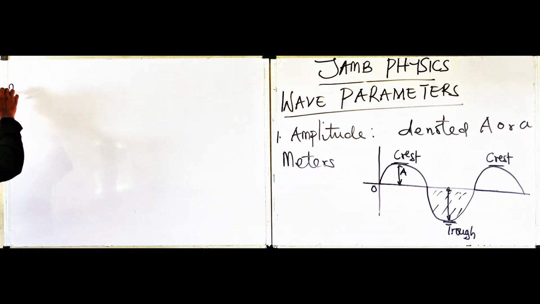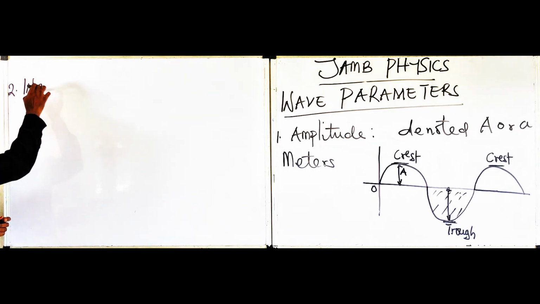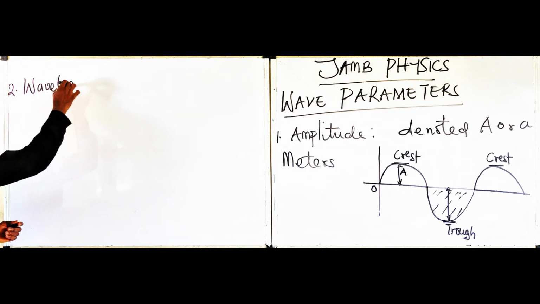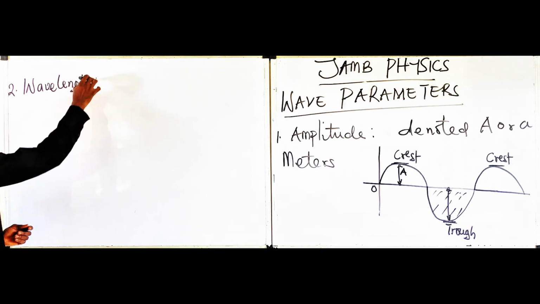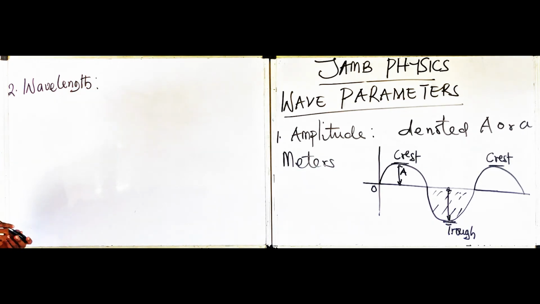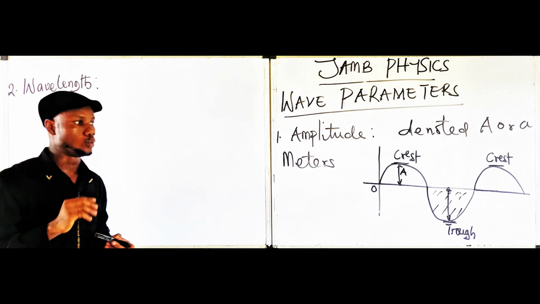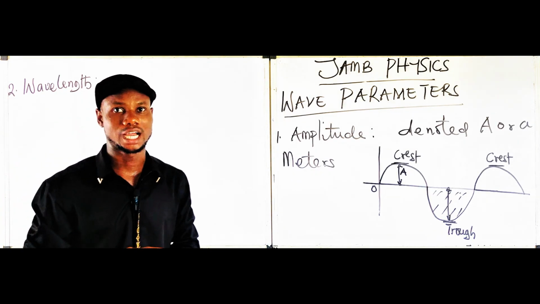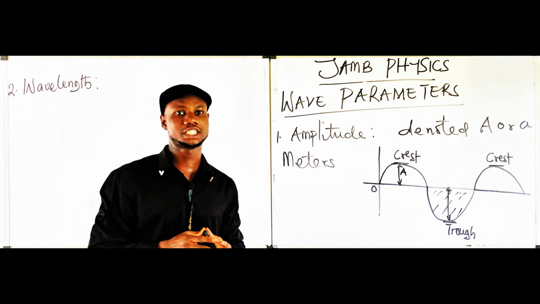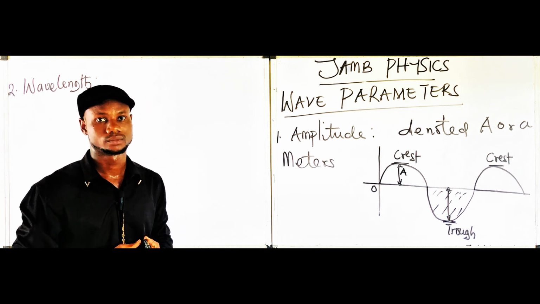Okay, let's consider the next parameter here. The second parameter here is said to be wavelength. Wavelength, let's take note here, please. Wavelength can be defined as the distance covered by wave.